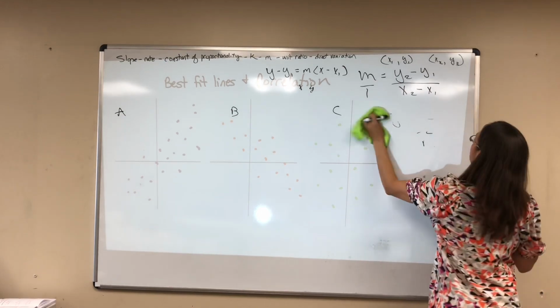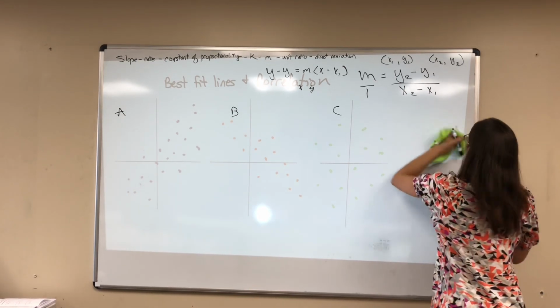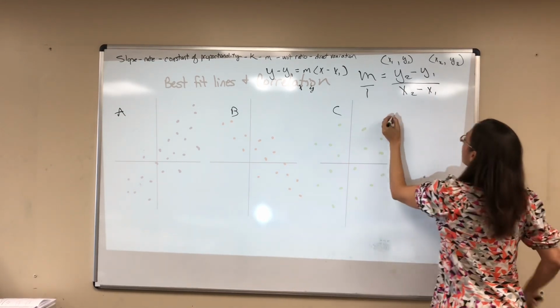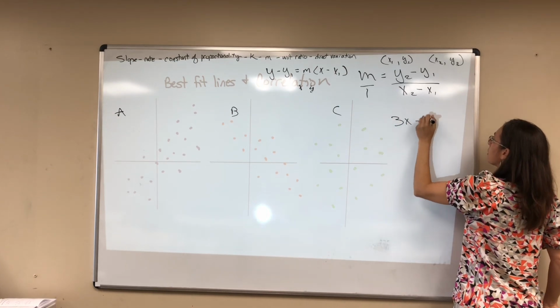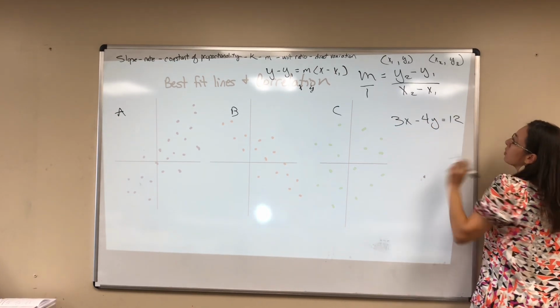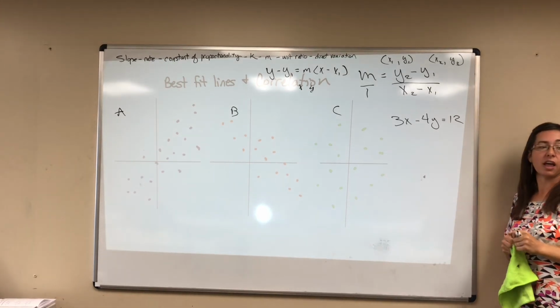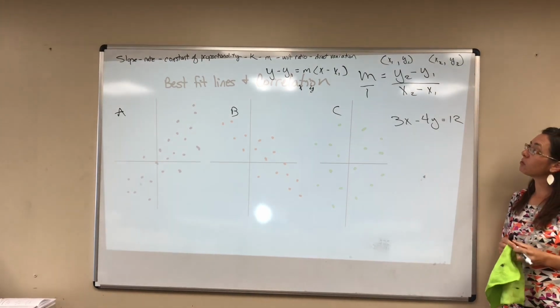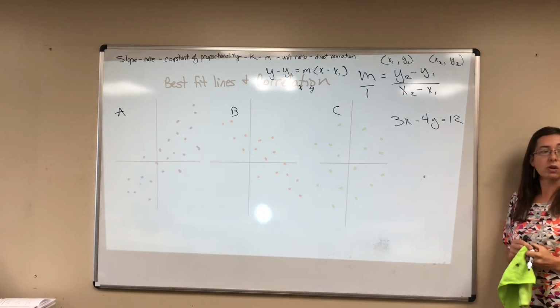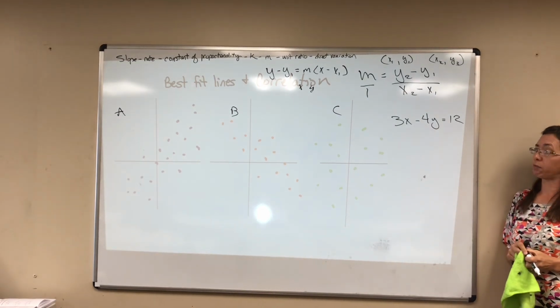Okay? If they say we did a study and 3x minus 4y equals 12 gave the line of regression or the line of best fit correlation to which graph?